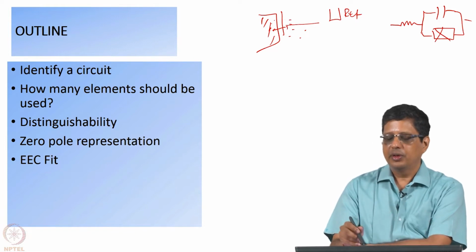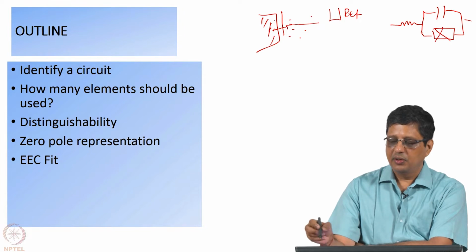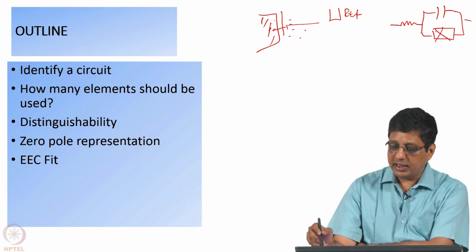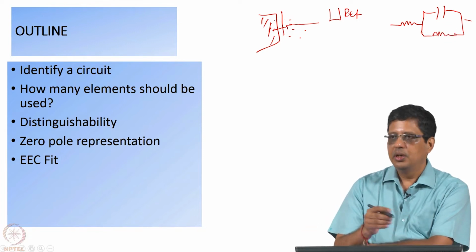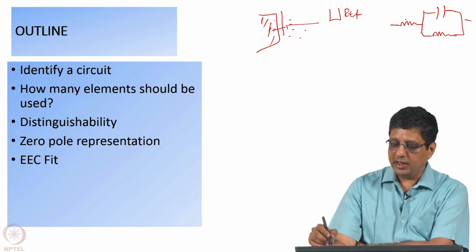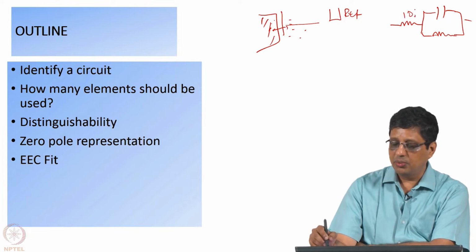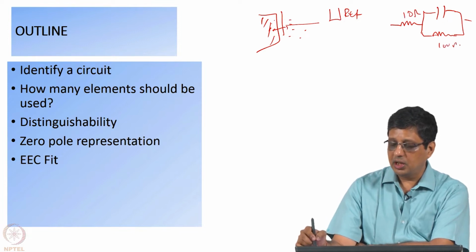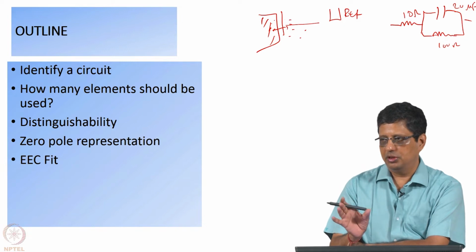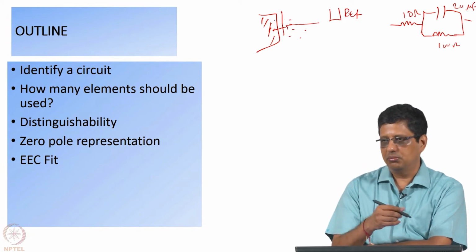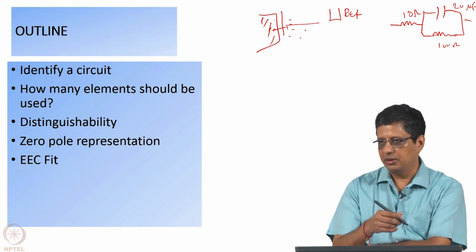So, let us say I have one situation where I get a spectrum that can be modeled by a circuit like this, and I can fit it and I get values for this. This may be 10 ohm, this may be 100 ohm, this may be 20 microfarad. More or less same situation, I change the solution or I add something to the solution.